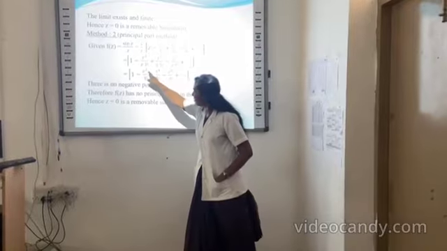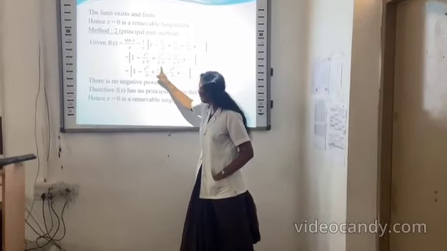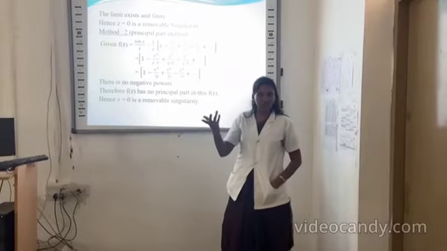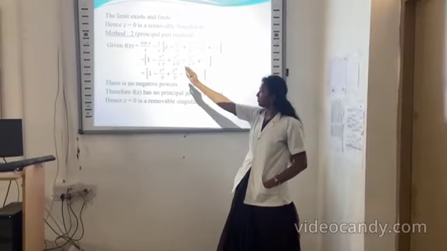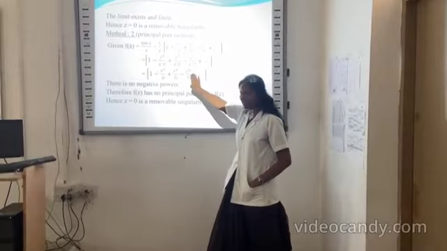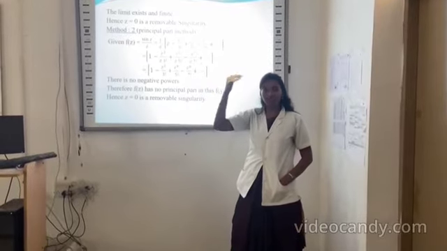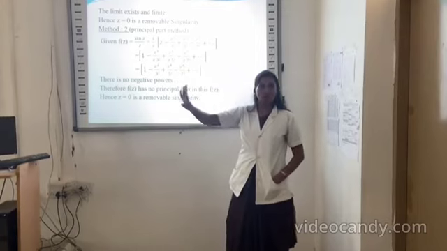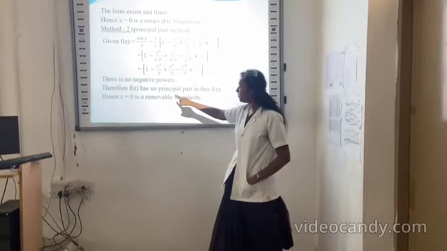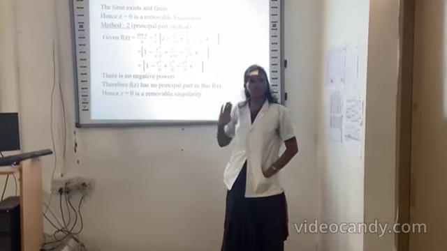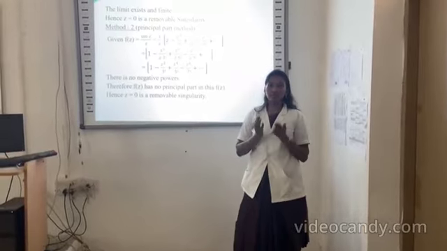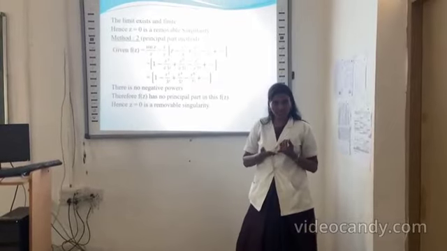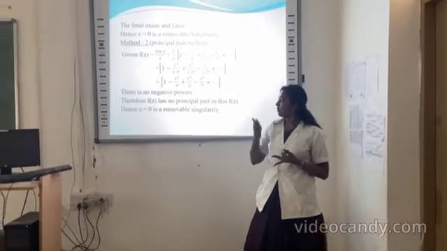The powers are plus 2, plus 4 and plus 6. There are no negative powers in f of z. That means the singularity is a removable singularity. This is the method to find the type of singularity using method number 1.